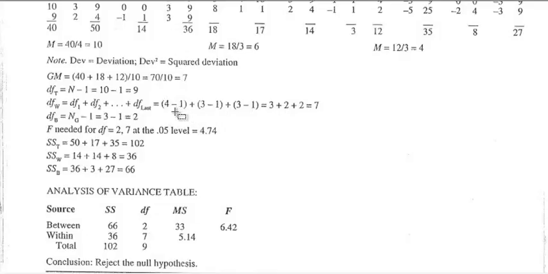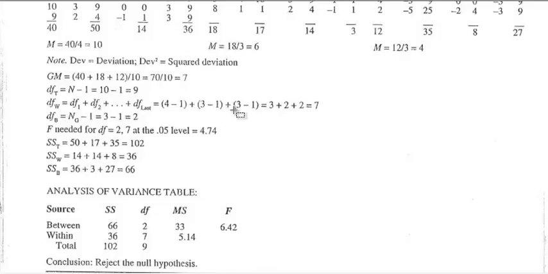So we have 4 subjects in the first group, but we lose 1 degree of freedom. We have 3 subjects in the second group, but we lose 1 degree of freedom there. We have 3 subjects in the last group, but we lose 1 degree of freedom there. So it's going to be 3 plus 2 plus 2, which gives us the 7.